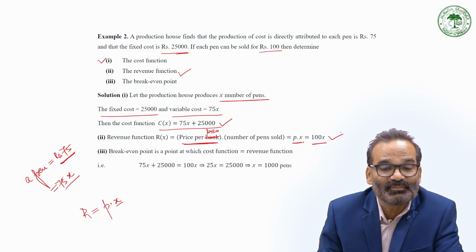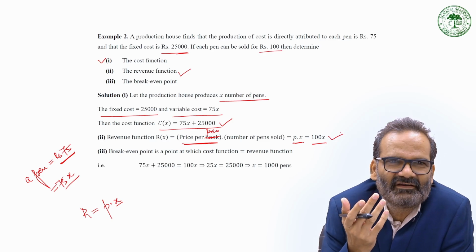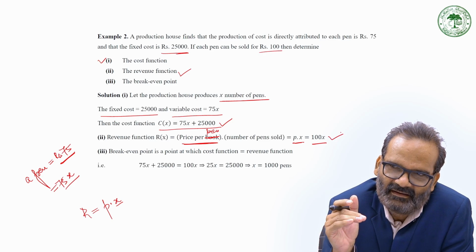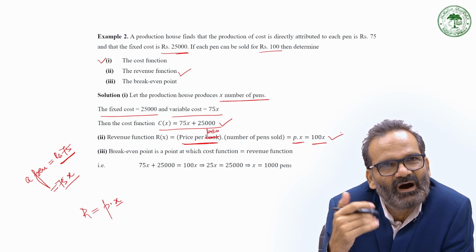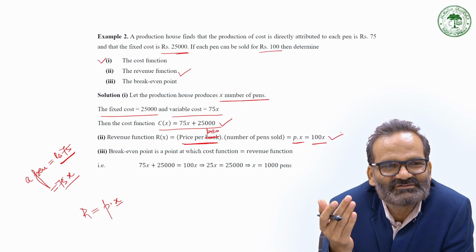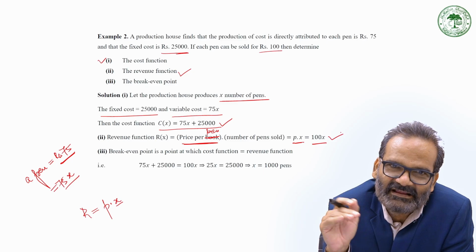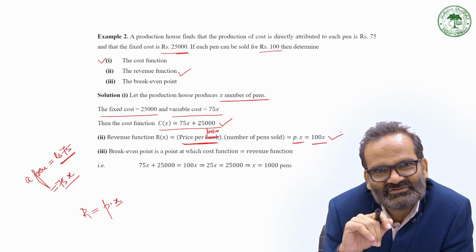The third case is break-even point. You all know that the break-even point is a point at which the firm runs with no loss, no profit. No loss, no profit means what? Whatever expenses incurred, you are receiving the same amount of revenue generated.